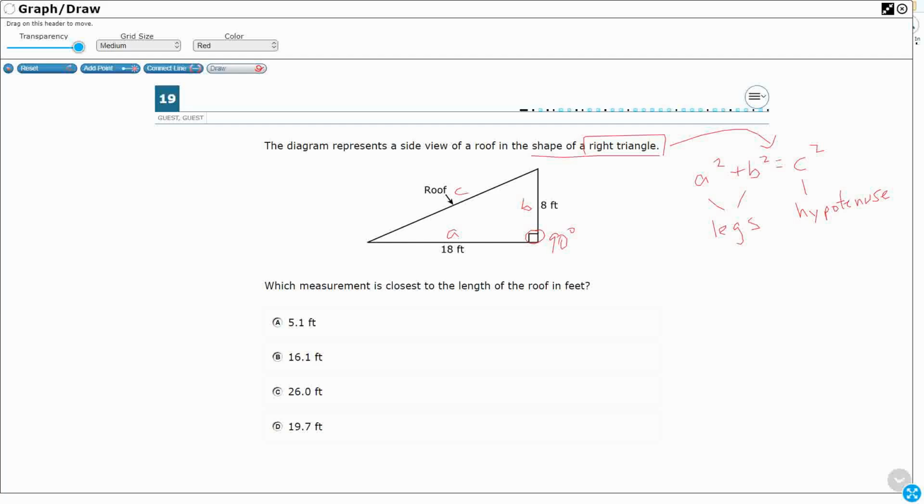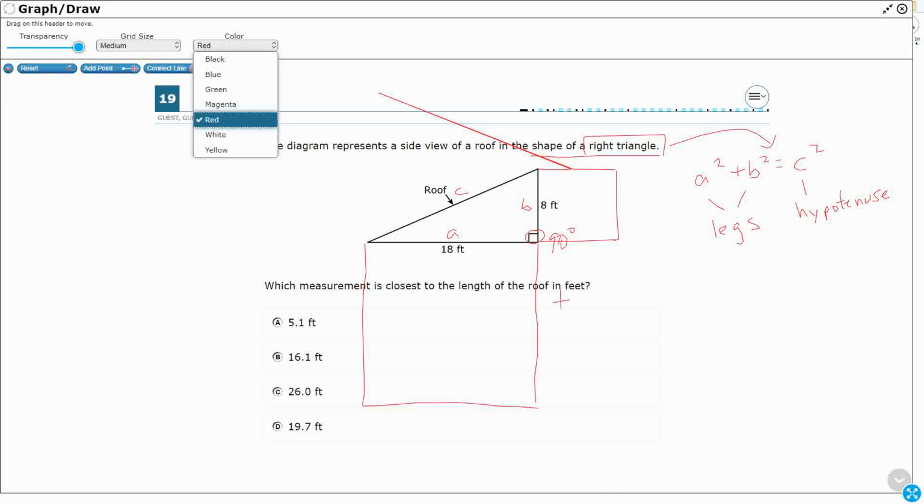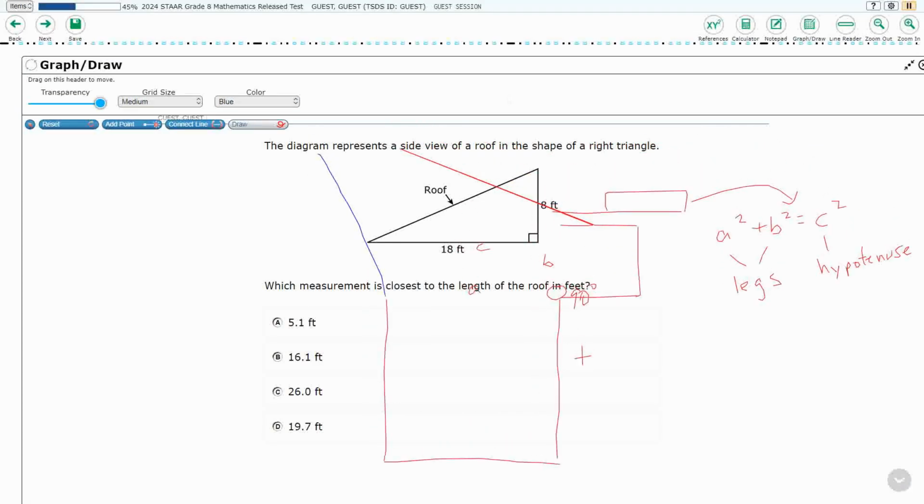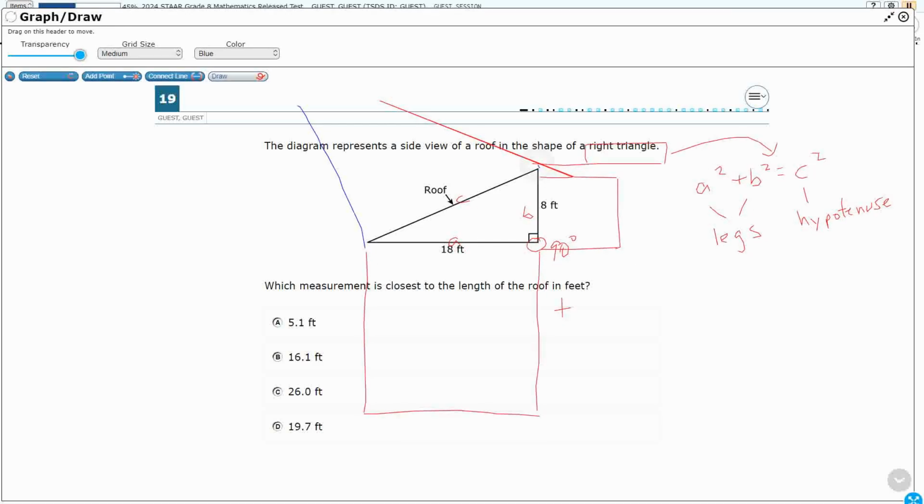If you were to make a square that is 18 feet by 18 feet and find the area of that square, and if you were to find a square that is 8 feet by 8 feet, and find the area of that square, and add those two up, what the Pythagorean theorem says is that the area of both of those side lengths is always going to be equal to the area of whatever we have here for our hypotenuse.